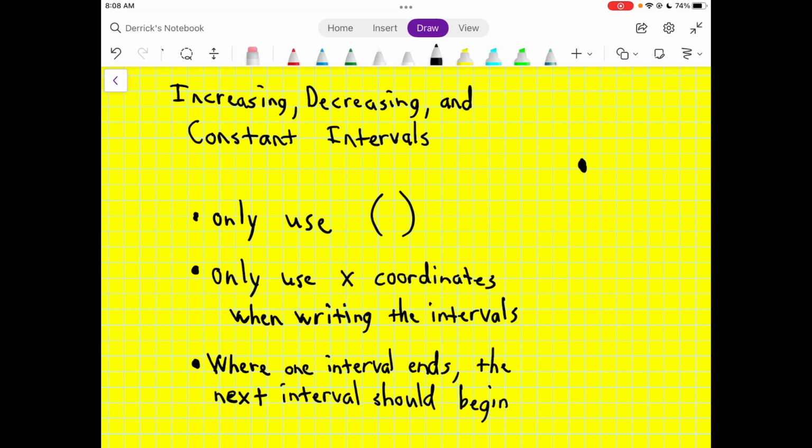If I say it's increasing, then of course the y values are going to go up. We don't need to show that. What we want to show is how much distance side to side, how much of the graph from side to side is increasing, how much of the graph side to side is decreasing, and so on. And then, since we are breaking up the domain, wherever one interval ends, the next one should begin. But that's kind of self-explanatory, I think.